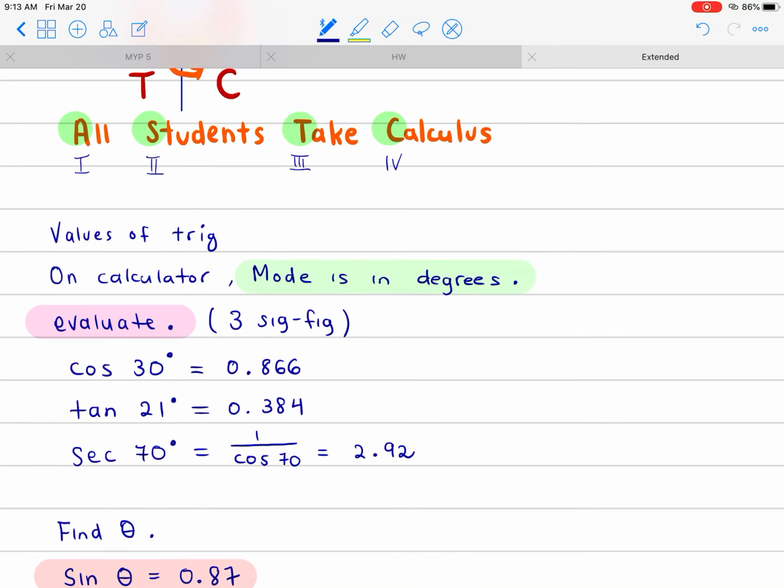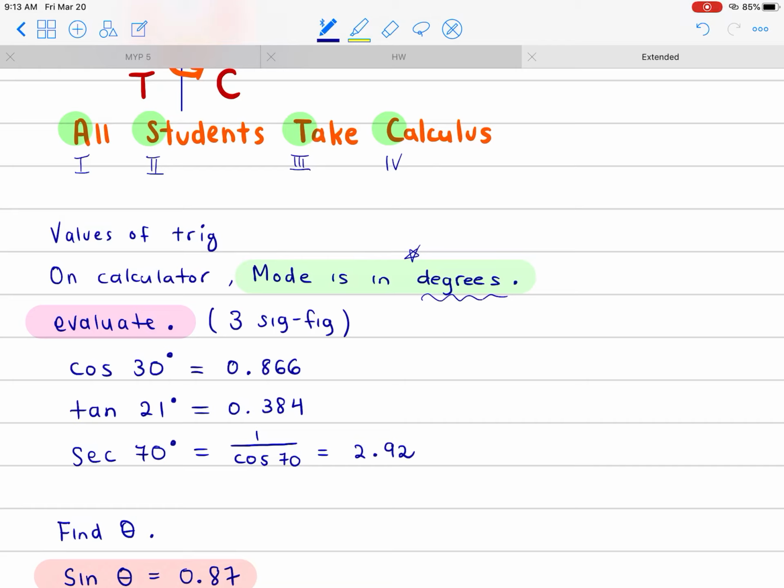The last thing we looked at was the values of the trig. This one requires you to use a calculator and make sure your mode is always in degrees, never in radians. So we want to evaluate the following and make sure your answers are always in 3 significant figures.